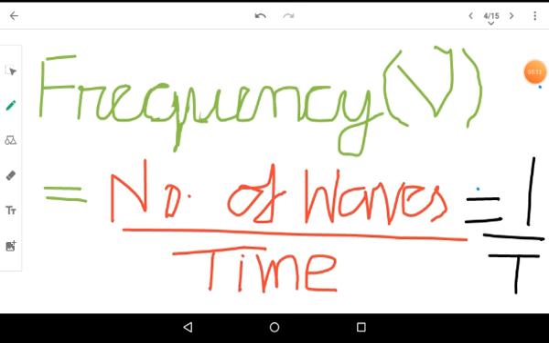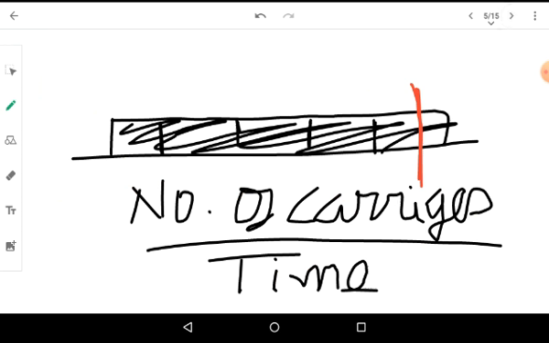Okay, so now to make the concepts a bit clearer, we have an example. What you have to do is imagine a railway track and a pole which is near the rail track, just beside it, and a train passes through it. Now the train has some carriages.